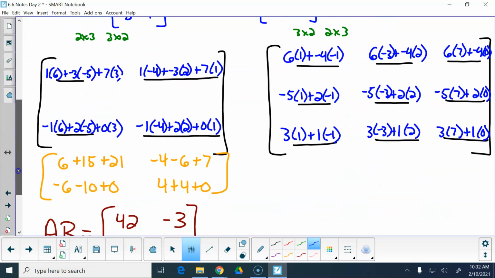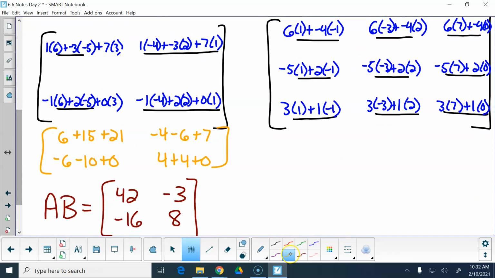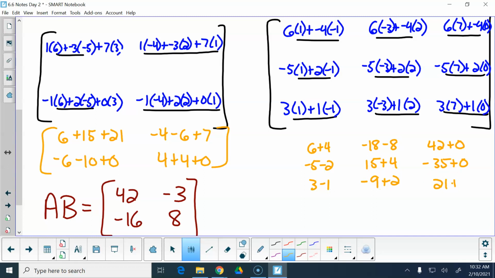So then that gives us 6 plus 4, negative 18 minus 8, 42 plus 0, negative 5 minus 2, 15 plus 4, negative 35 plus 0, 3 minus 1, negative 9 plus 2, 21 plus 0.